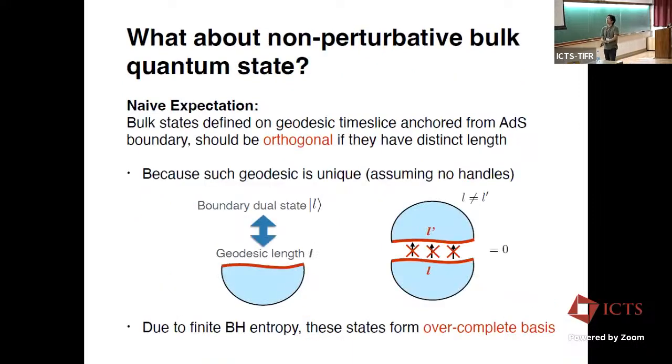In the following, instead of the particle with flavor, I will consider the bulk state defined by some geometric quantity. More specifically, I will mainly discuss JT gravity, and I will consider a geodesic time slice with fixed geodesic length.